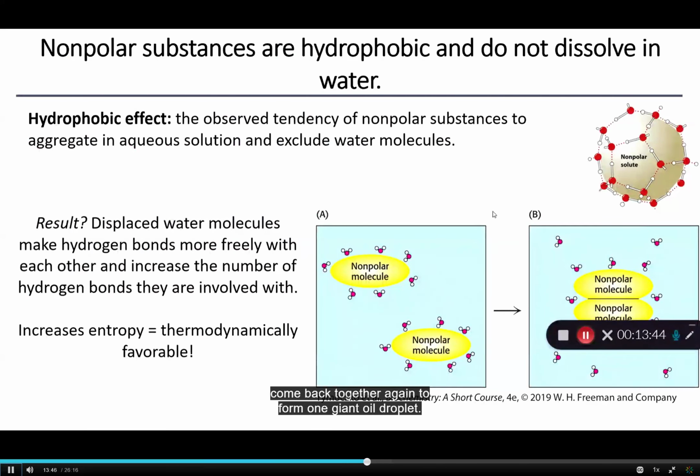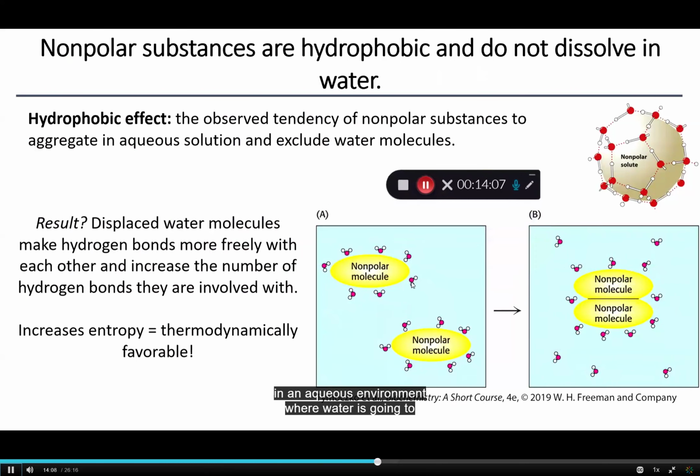What happens here is nonpolar molecules cannot form hydrogen bonds with water. There's no electrostatic interactions between a nonpolar molecule and water. So initially, nonpolar molecules will look like this in an aqueous environment, where water is going to try and surround it, but doesn't really surround it with any real order.